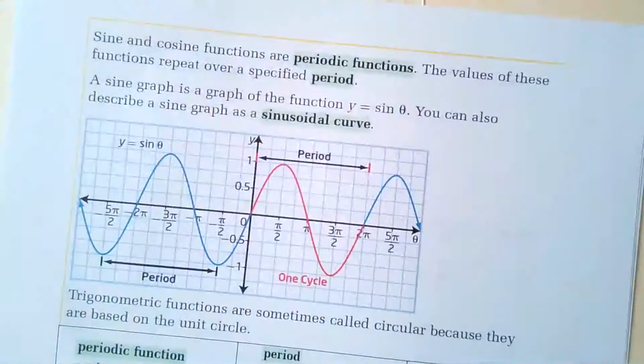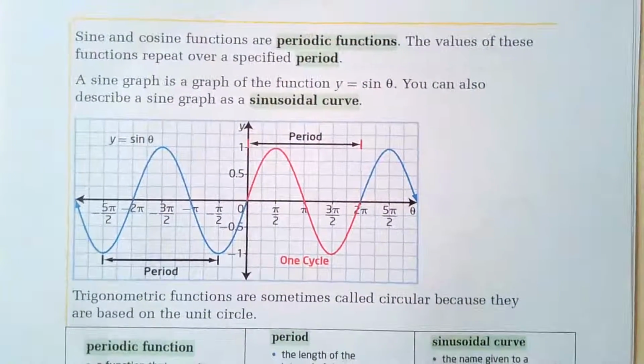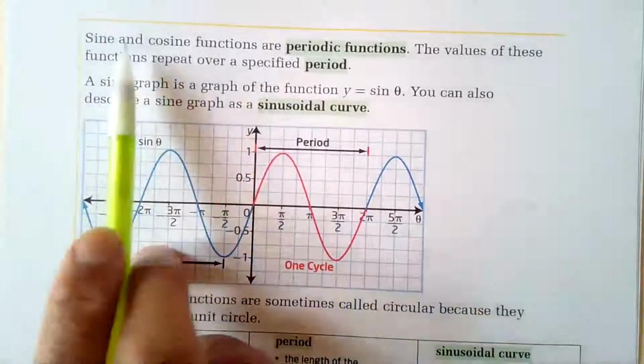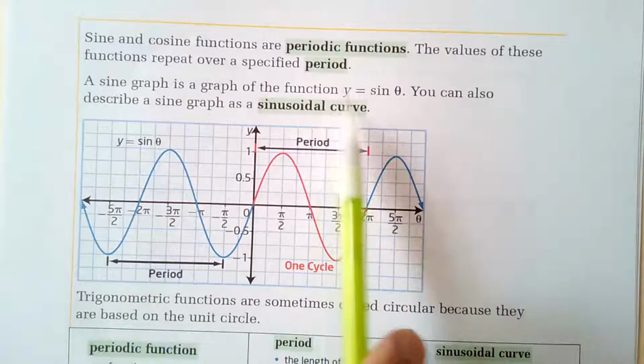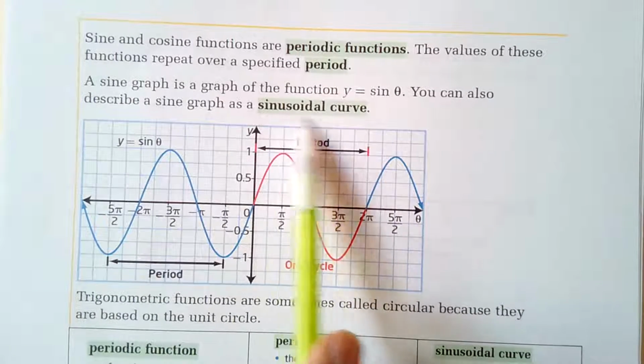So let's do a little bit of a recap of what we've done so far. We look at the sine and the cosine function, and we said the sine and cosine functions are periodic functions. In other words, the values of these functions repeat over a specific period. They're described as sinusoidal functions, a curve.